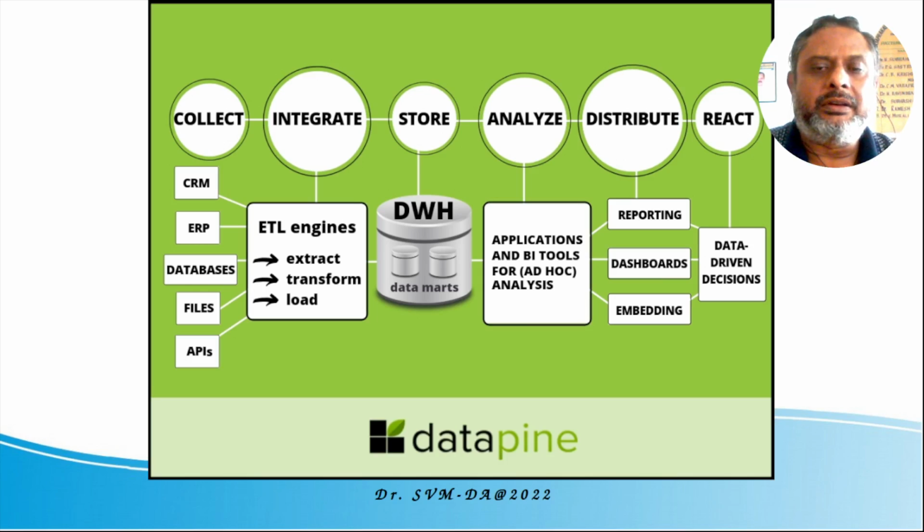And in the data warehouse, we can have various data marts depending on the applications. So instead of keeping all the data in one place, you can classify it into smaller data marts so that the appropriate data mart may be used for getting the required information.